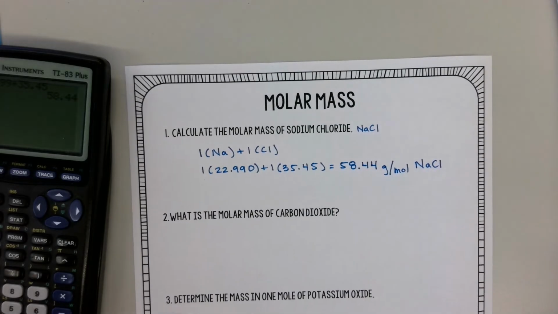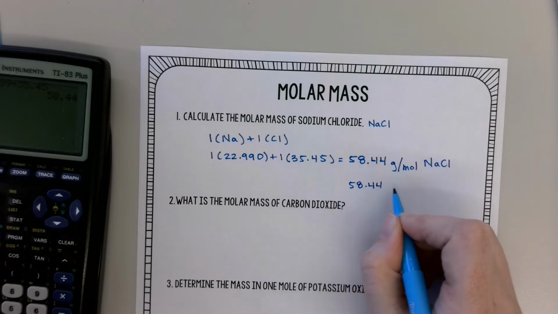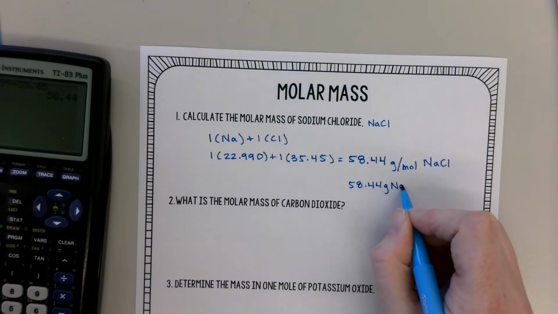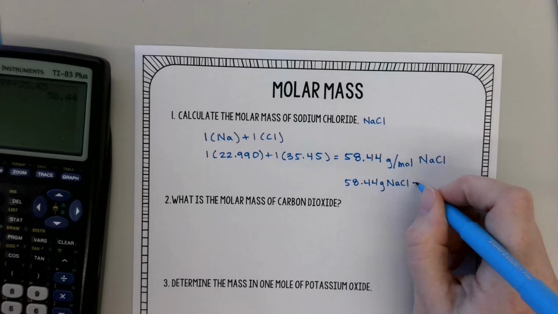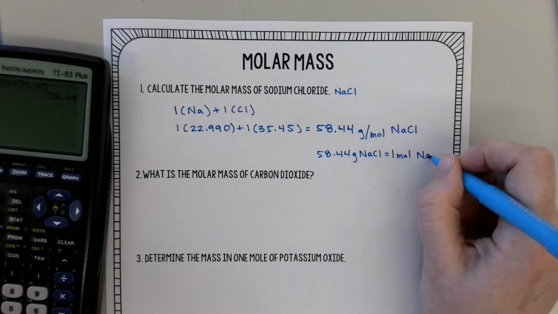So it can be expressed this way, or we can write it as there are 58.44 grams of sodium chloride in 1 mole of sodium chloride.